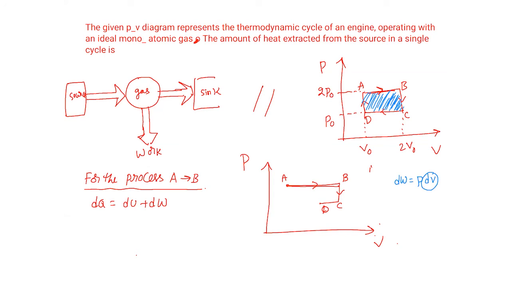From the initial point, draw a perpendicular line to the volume axis. From the final point, also draw a perpendicular line to the volume axis. Now this entire area is how you have to calculate. Understood, children?